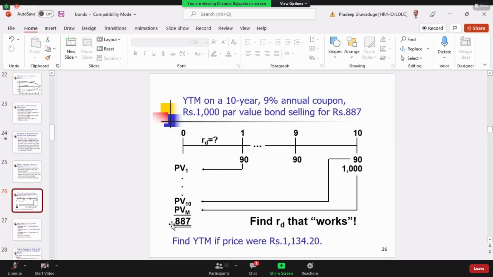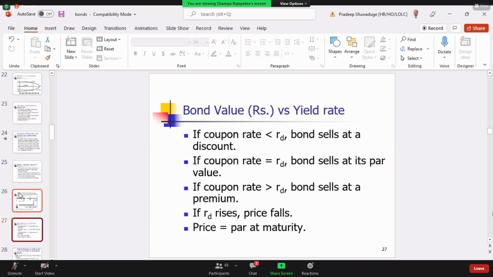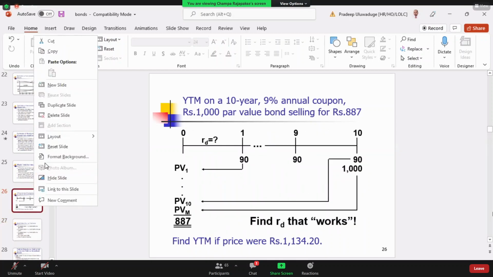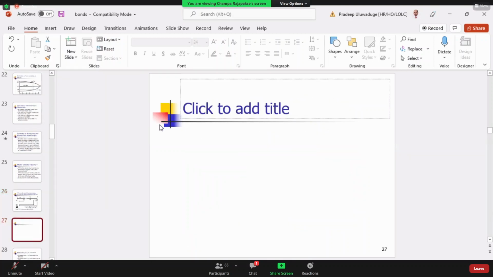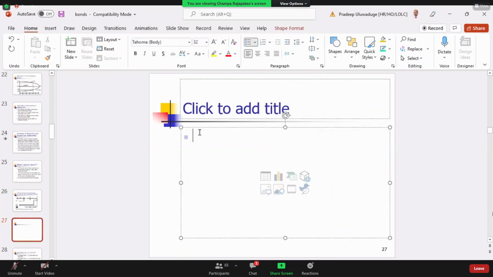That gives us 887, right? So how shall we go about doing it? I will show you the calculation. Now we get 90 for a period of 10 years. The first cash flow is 90 rupees.